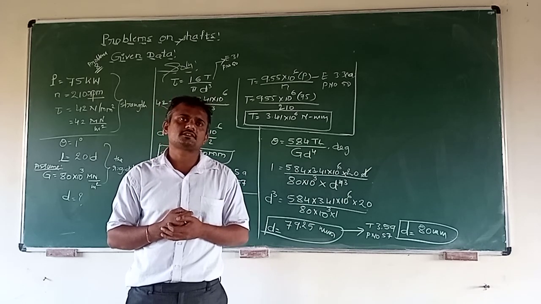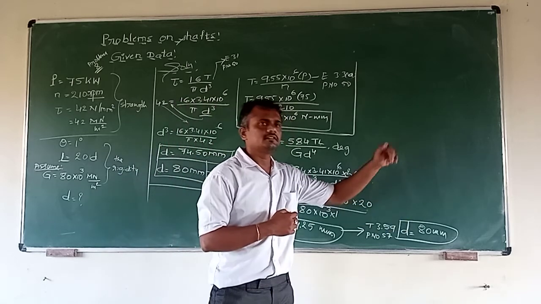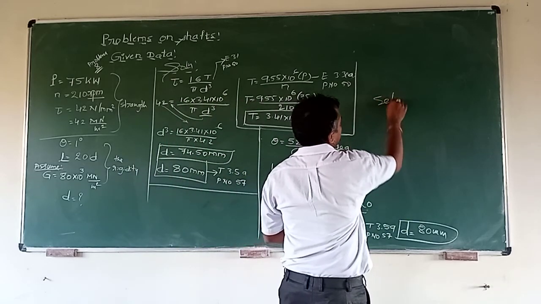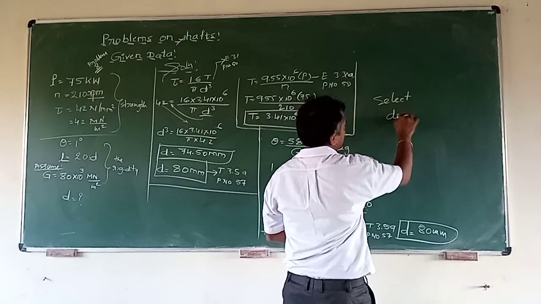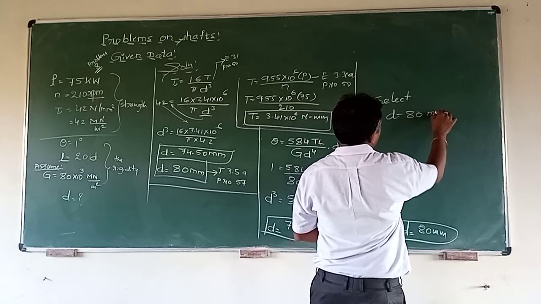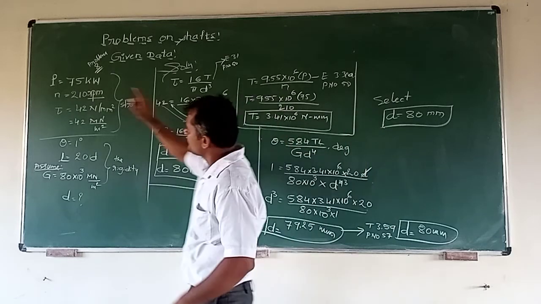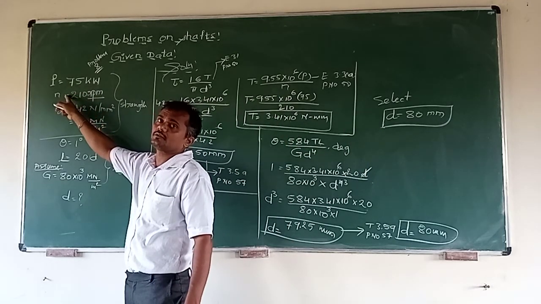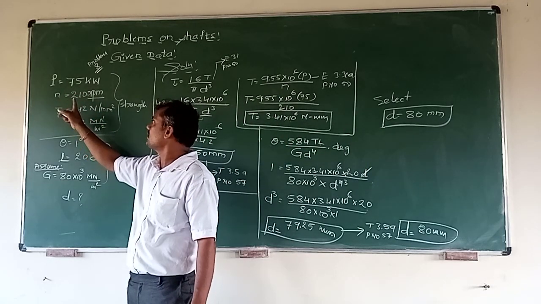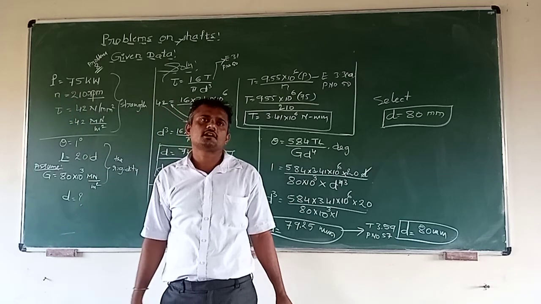So select d equal to 80 mm, so that we can transmit a power of 75 kilowatts while the shaft is rotating at 210 rpm.